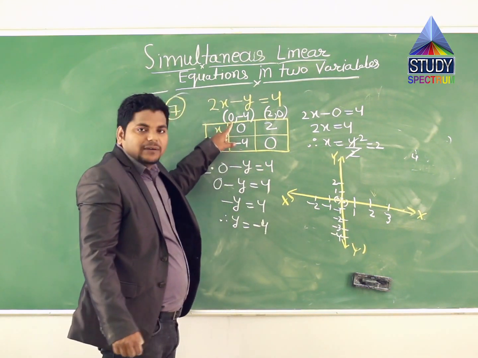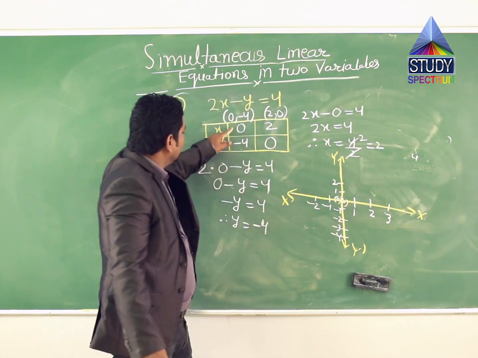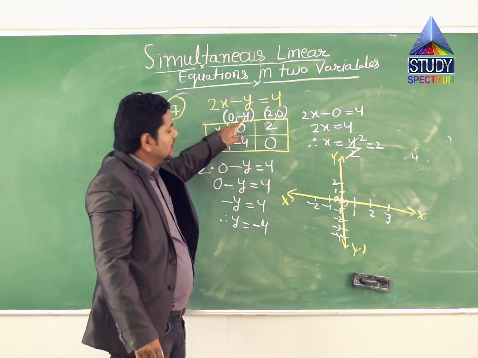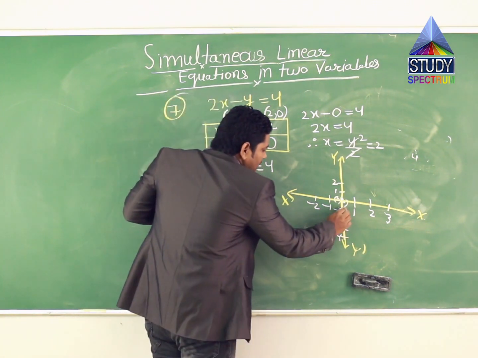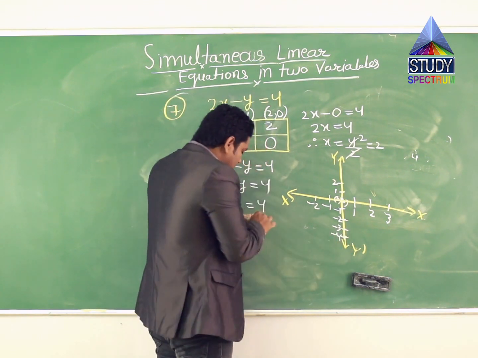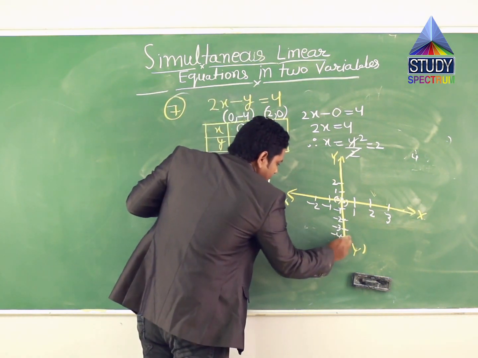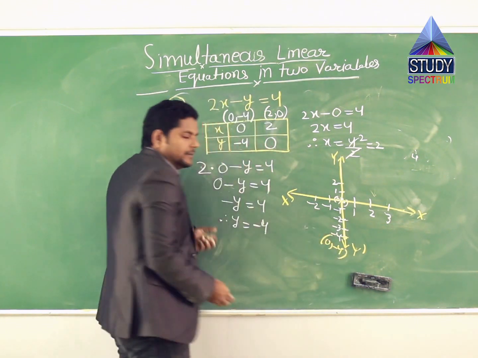In x direction we have moved nothing, so we are still here, and in y direction we have moved 4 units but in the negative y direction. So 1 unit, 2 unit, 3 unit, 4 unit. This is the point. This point is 0 comma minus 4.